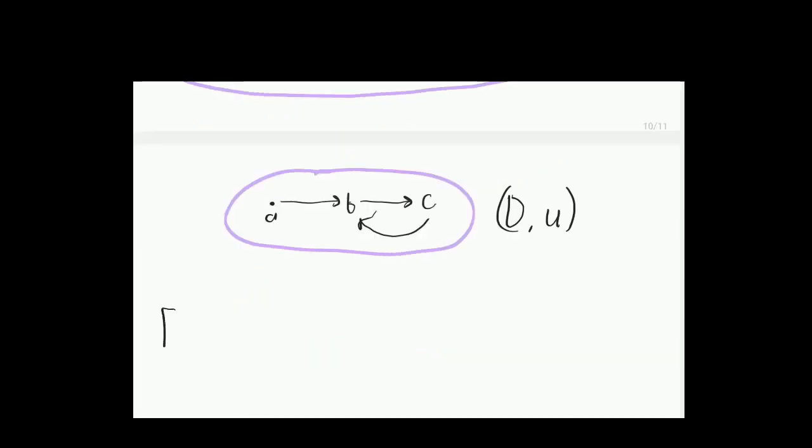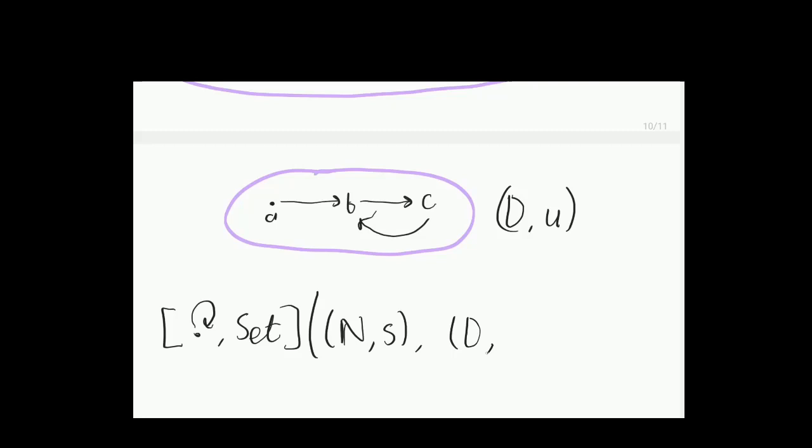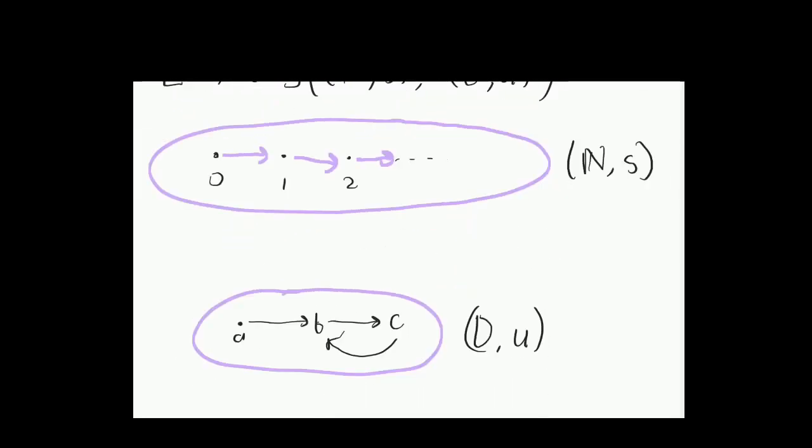And what we're interested in is, in this category of dynamical systems, what's the set of arrows from our natural number dynamical system to this other dynamical system D with its update function U. So now here's the point. We can send this point 0 here anywhere we like.